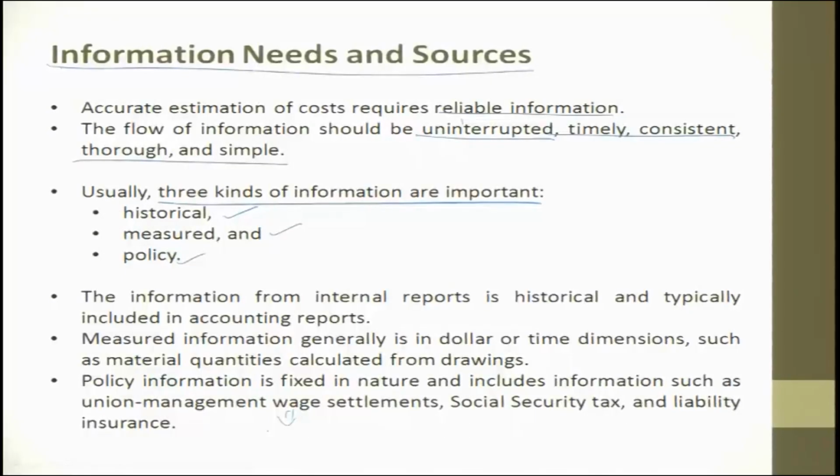An industry or organization can decide which one to follow, and when they follow one they have to comply completely. These are all policy decisions, and every year or once in 5 years there is a revision in the salary. Once the salary increases, it has to be increased for all levels of skills in the factory. That is policy information.